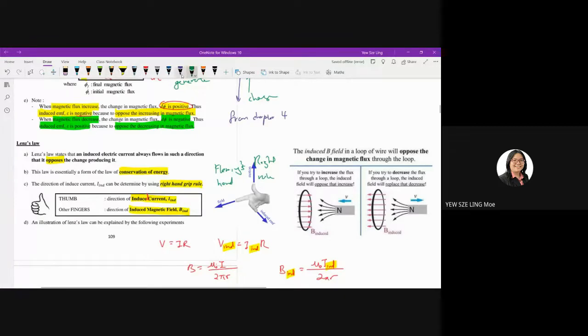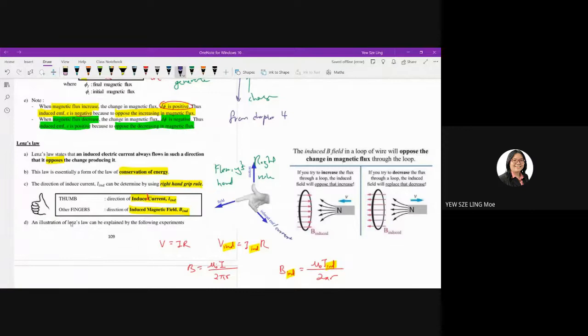Induced current or induced EMF, they are both pointing toward the same direction. Your thumb represents the direction of motion, the first finger represents the field, and your second finger, the middle finger, represents the direction of induced EMF or induced current.